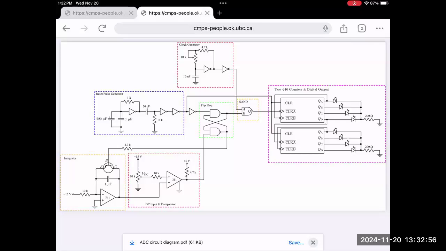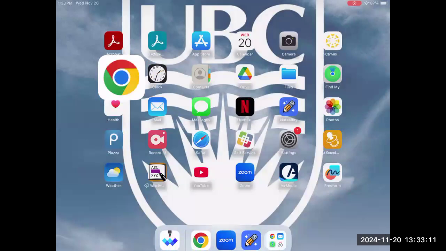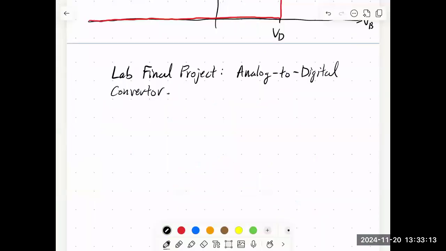So I want to focus on this part where we've got this inverter with a capacitor to ground and a resistor from input to output. And I want to see what that does. Okay. So we're going to analyze the following circuit. This will be more of a qualitative analysis.